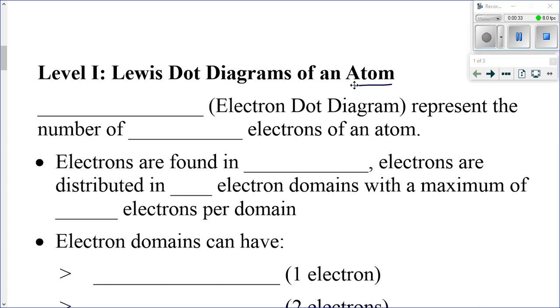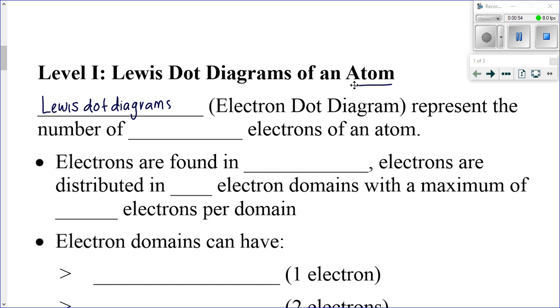Lewis dot diagrams are also known as electron dot diagrams. So those two terminologies can be used interchangeably.